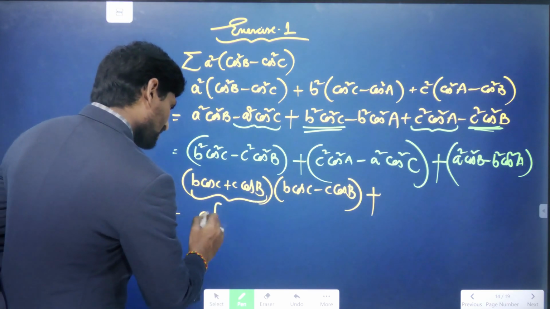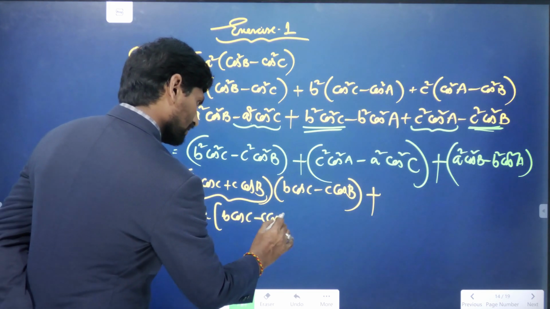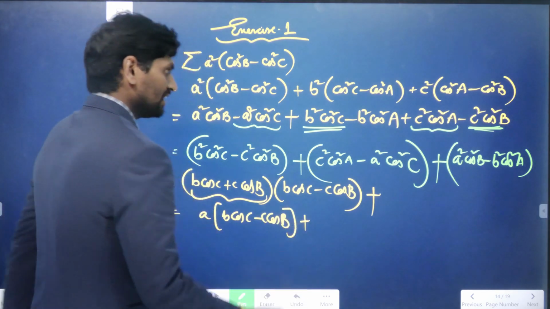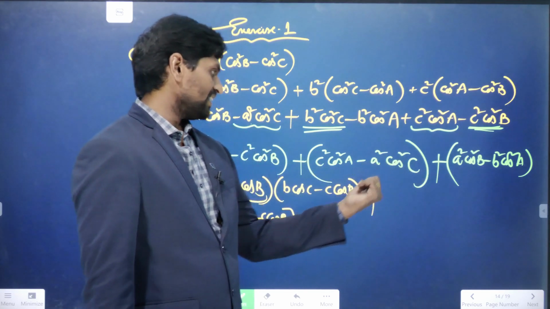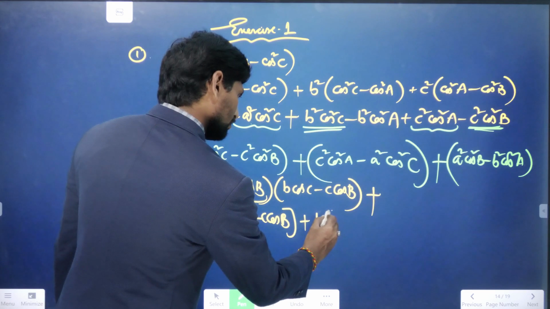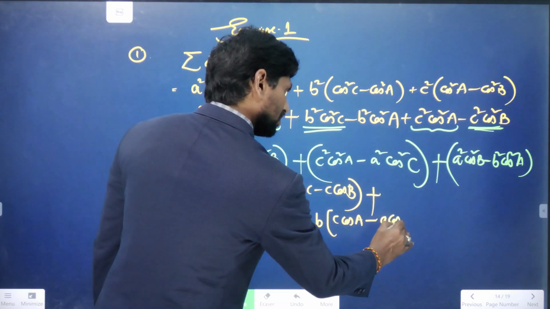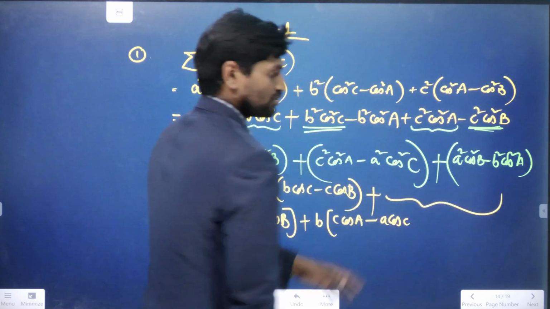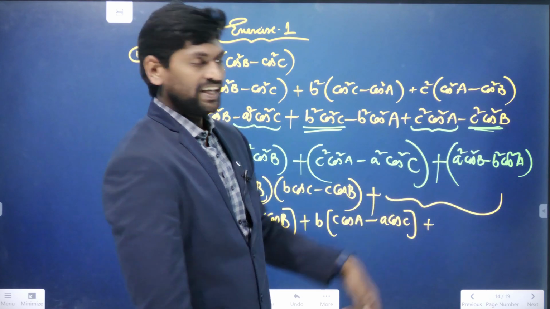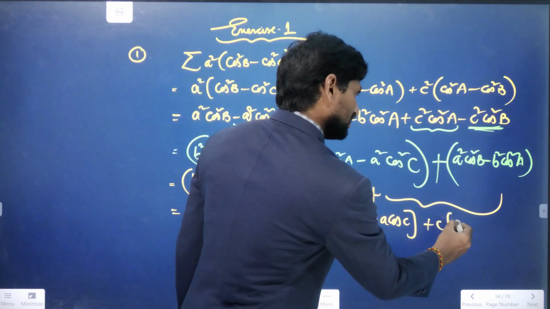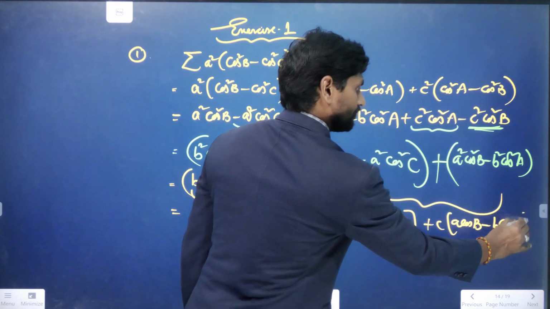So that means a into (B cos C minus C cos B). Similarly, C cos A plus A cos C is nothing but small b, into (C cos A minus A cos C). Plus this one: A cos B plus B cos A means small c will come, small c into (A cos B minus B cos A).